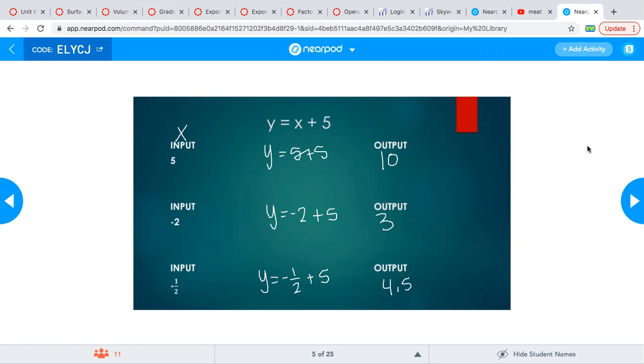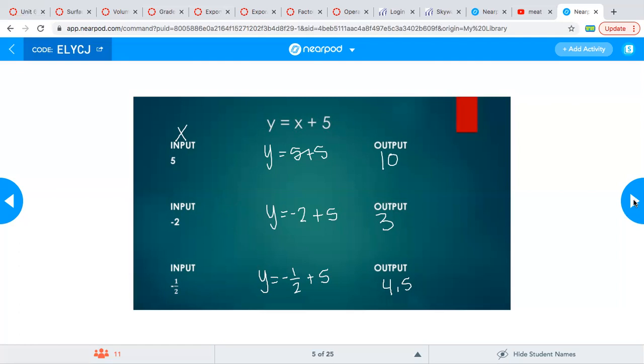What do y'all think? One output, right? When I put in 5, 5 plus 5 equals 10. It can't equal anything else. This input value of -2 only gave me one output value. This input value of -1/2 only gave me one output value of 4.5.